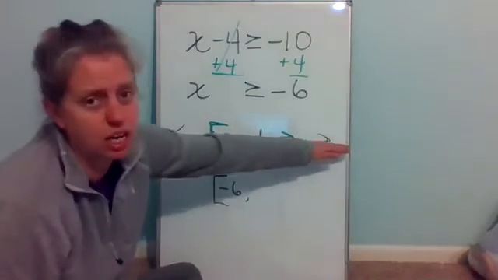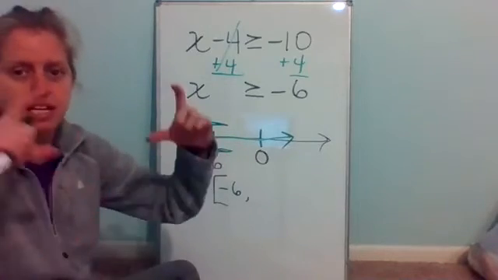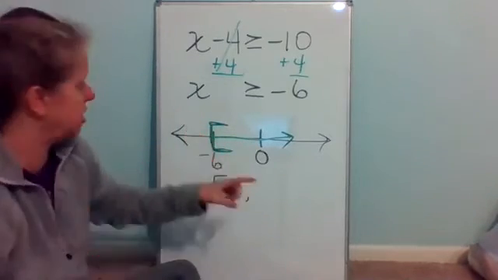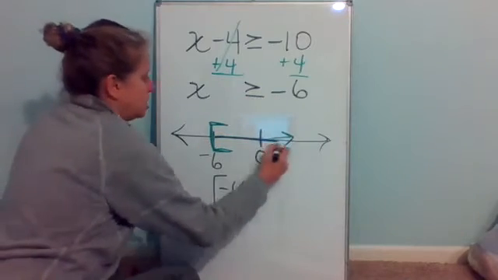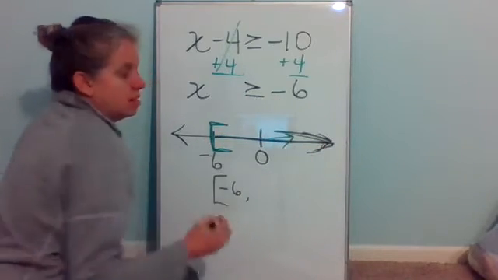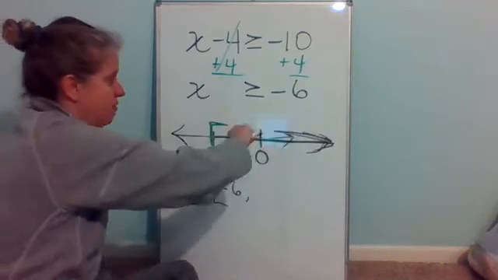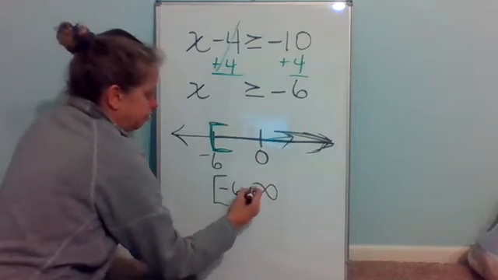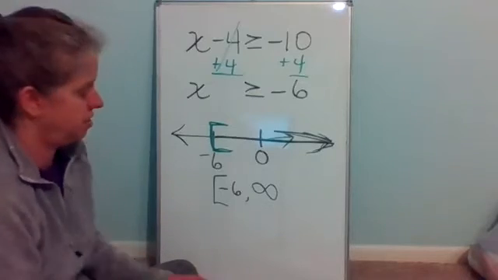Now this one doesn't have a closing symbol on it like our last one did. Our X isn't between 2 numbers. This says X is greater than -6, which means it goes forever this way. And what does that mean when it goes forever one way? If it's going forever to the right, it's going to infinity, which is that sideways 8.